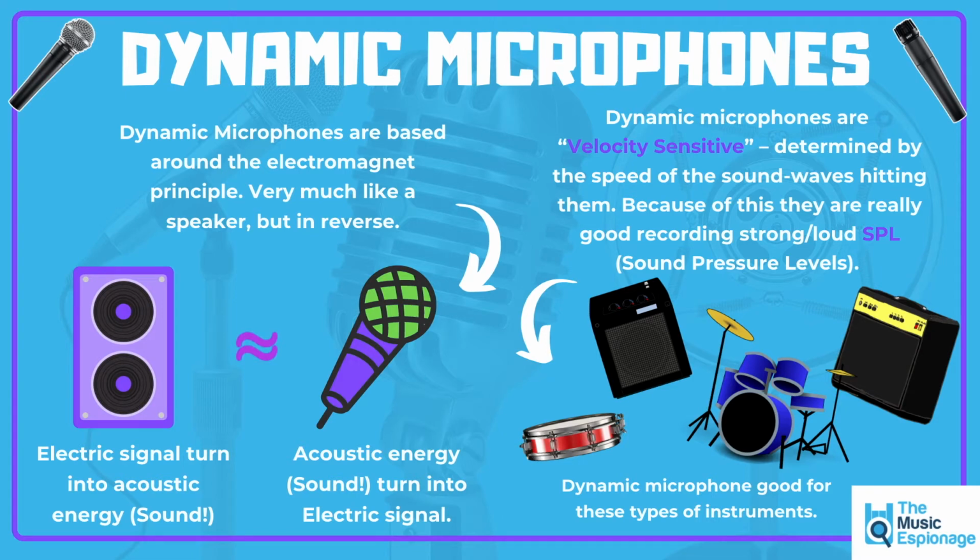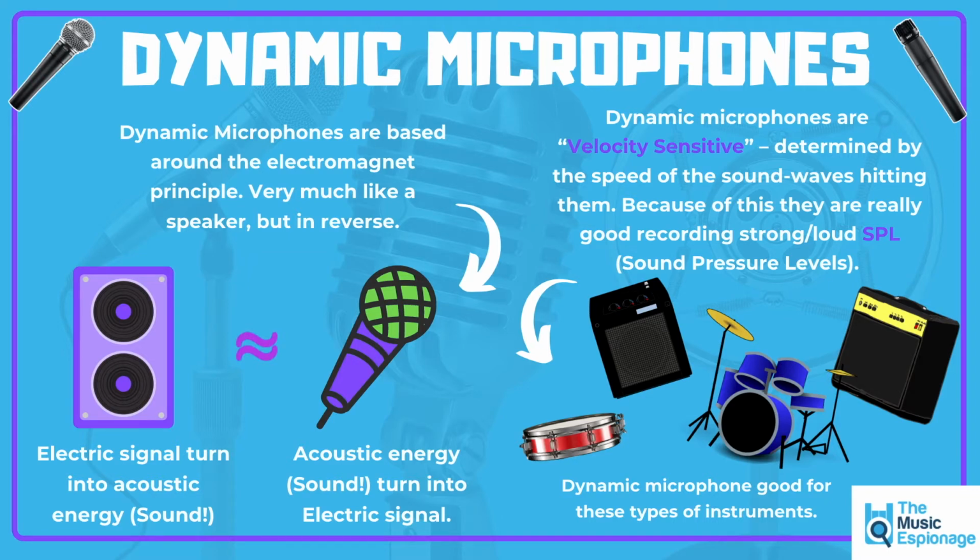Dynamic microphones are based around the electromagnetic principle, very much like a speaker. Just like a speaker and just like a transducer, they turn one form of energy, in this case acoustic energy, into an electric energy.